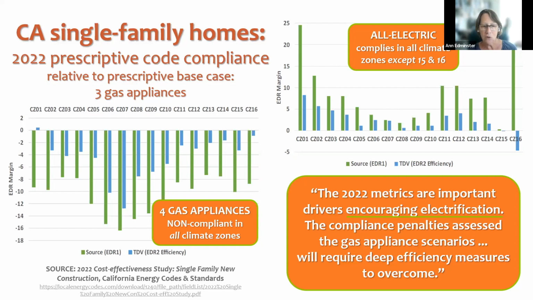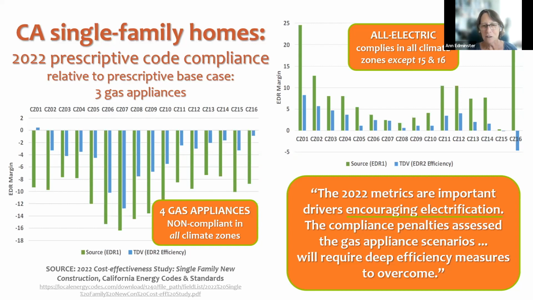And what this shows is that in the scenario with 4 gas appliances on the bottom left, these are not compliant in any climate zone in California by either the TDV or source metric. By contrast, the all electric scenarios are compliant in all climate zones except 15 and 16.